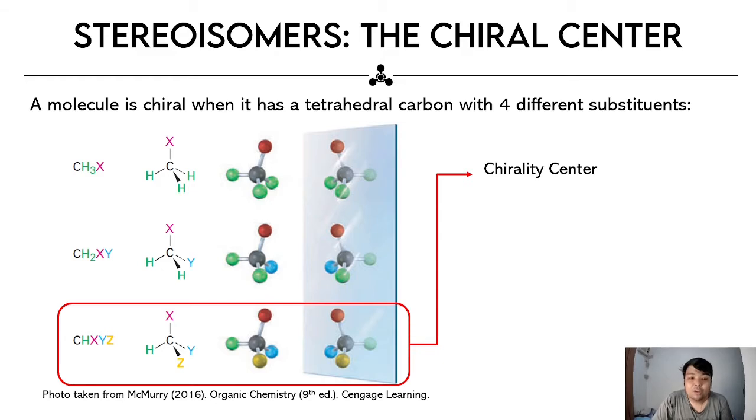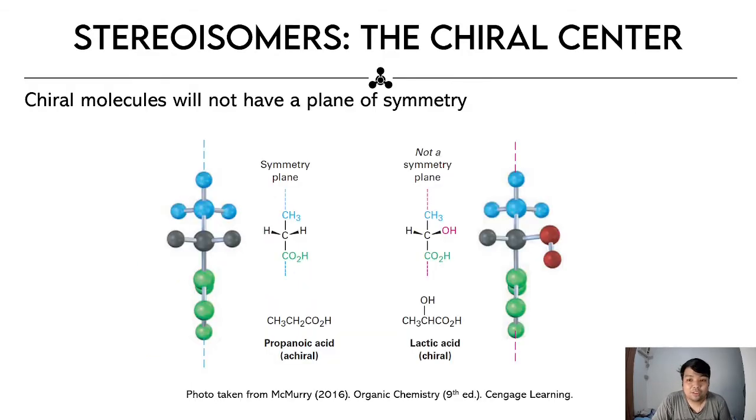Now, another way of checking whether a molecule is chiral is by using a plane of symmetry, or a mirror plane. A plane of symmetry, you imagine you cut the molecule into two by placing a plane through it, and if the left side is symmetrical with the right side, then it has a plane of symmetry.